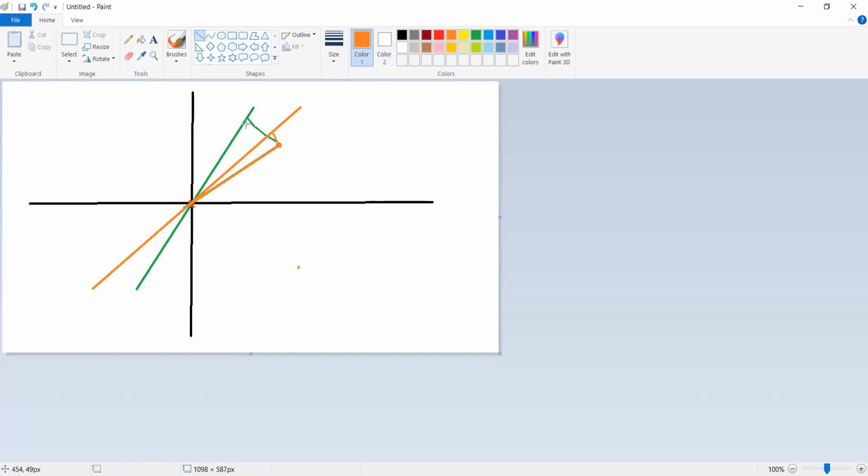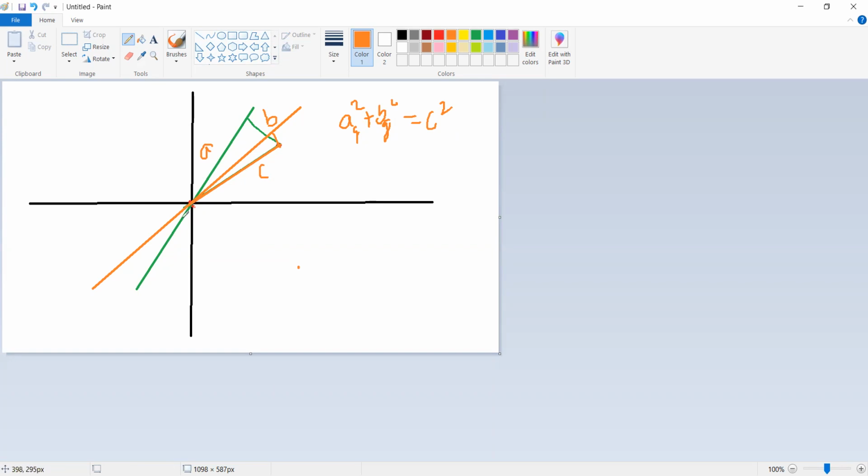So how do you write this equation? Let's say this is A, this is B and this is C. So we say A square plus B square equals C square. Let's say this is green: AG, BG, and C is anyway the same.